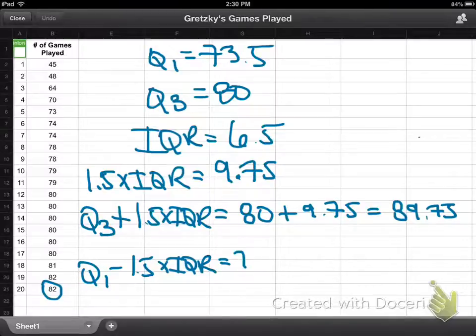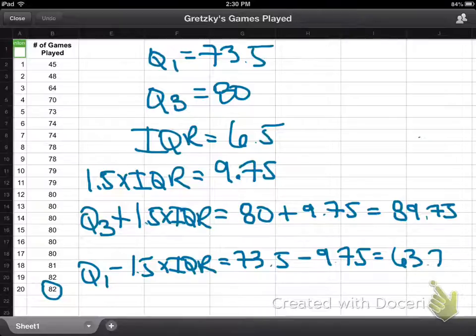Quartile 1 is 73.5. We're going to subtract from that 9.75, and that is 63.75. Now notice we actually have two data points that fall below that 63.75 threshold.